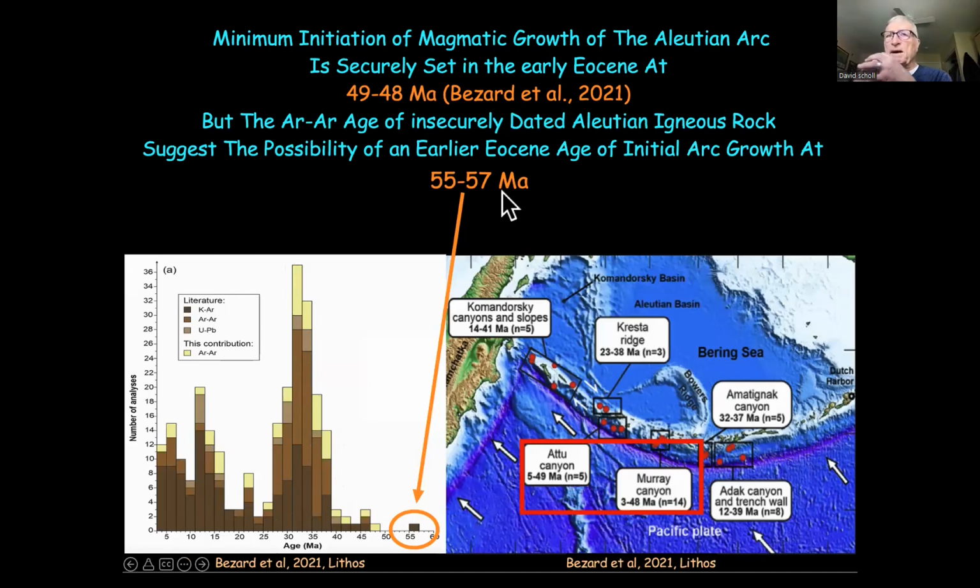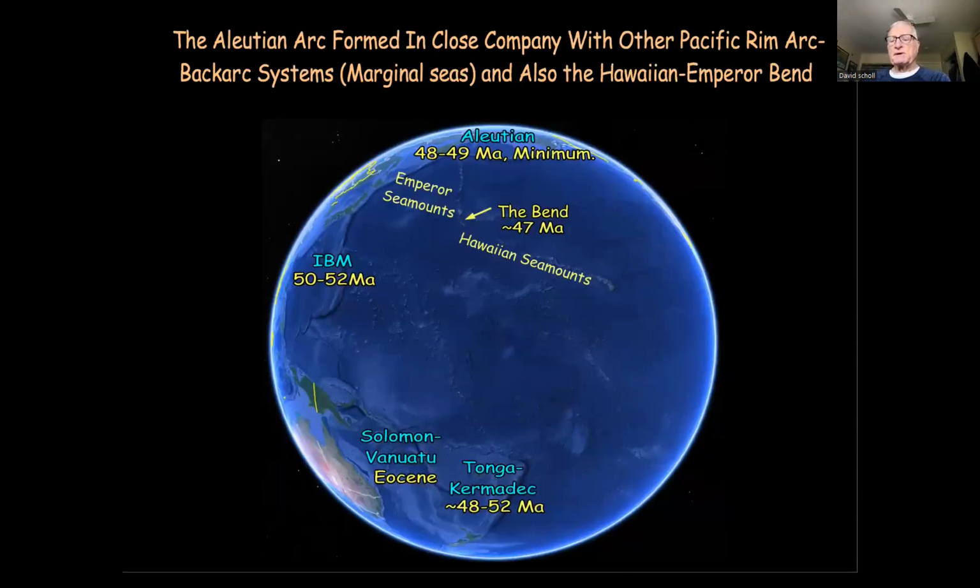But there are big error bars on these, so it's not considered to be valid. Maybe the ages of the growth of the Aleutian Ridge will end up being very similar to what we see in the Eastern Philippines. This is to be determined, but the point here is that the ages are very similar.